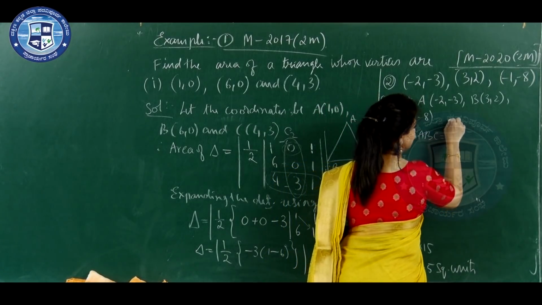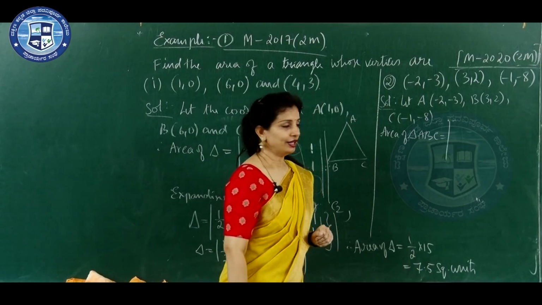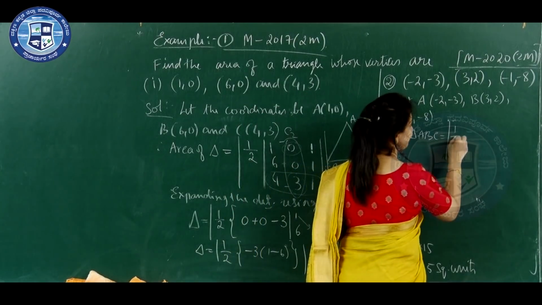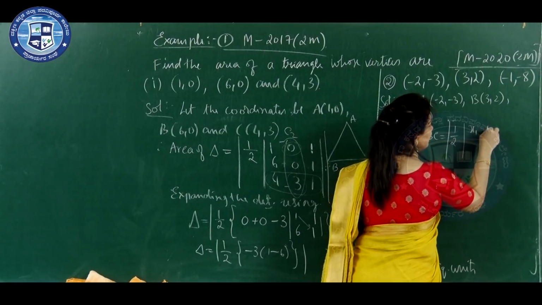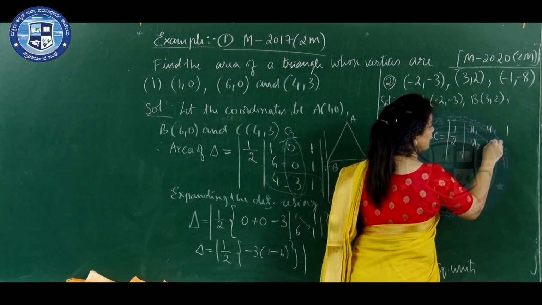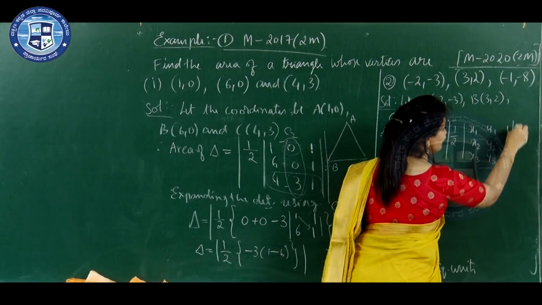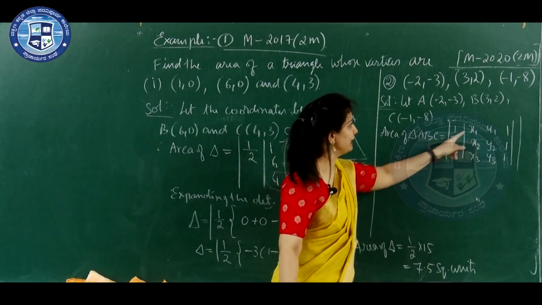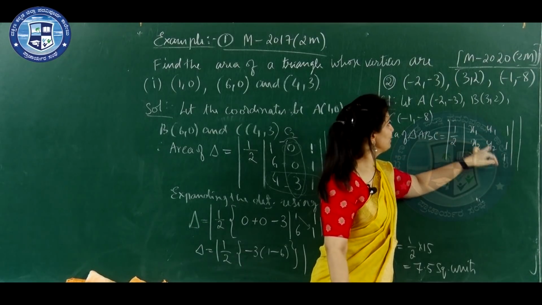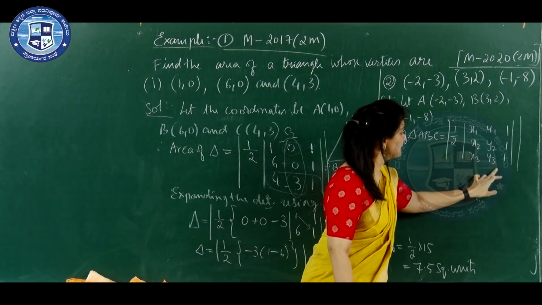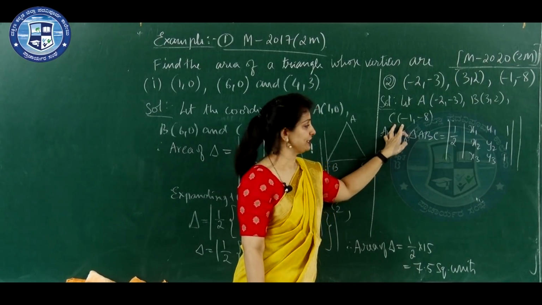Now the area of triangle ABC using determinant can be written as, you know the formula: half into the determinant of x1, y1, 1, x2, y2, 1, x3, y3, 1, isn't it? Here x1, y1 are the coordinates of the first vertex, x2, y2 the second, and x3, y3 the coordinates of the third vertex.